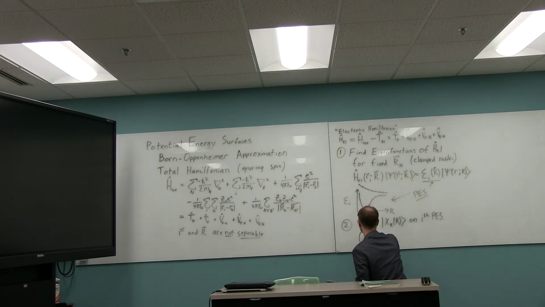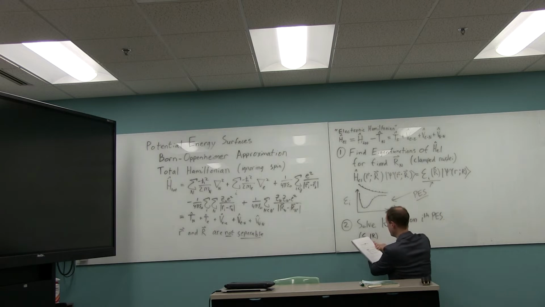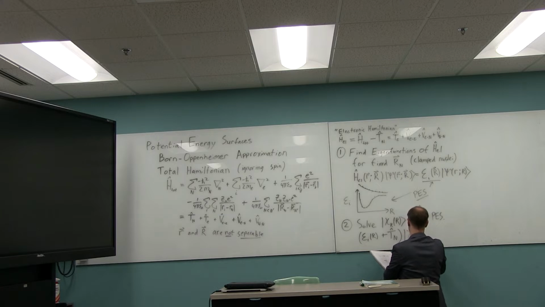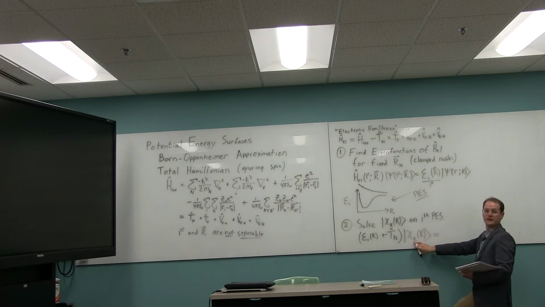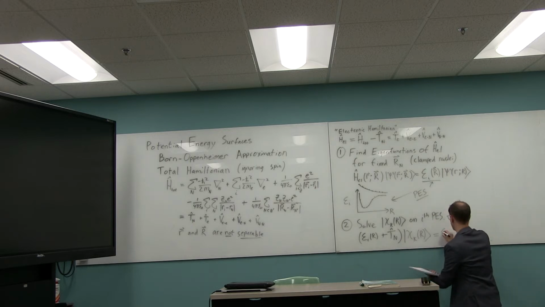It's going to have the form of, we take this E sub i of R, right? This is the potential energy operator. And then we add the nuclear kinetic energy operator, and the wave functions and eigenenergies have to obey the time-independent Schrodinger equation. So this operator acting on the nuclear part of the wave function has to equal the energy times the wave function.